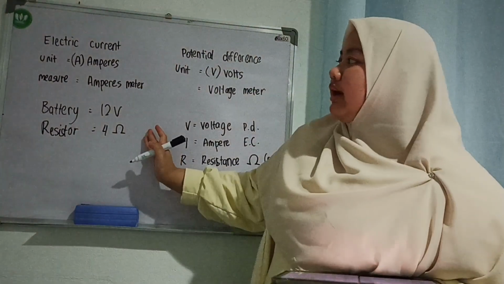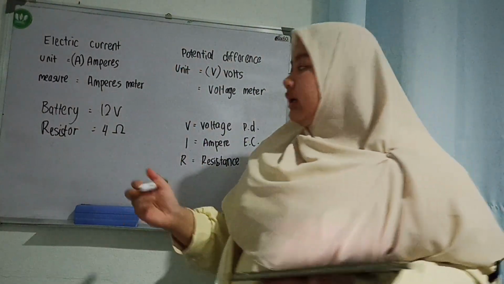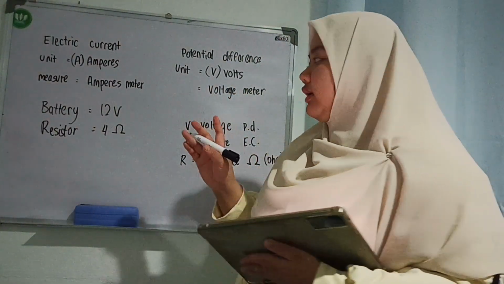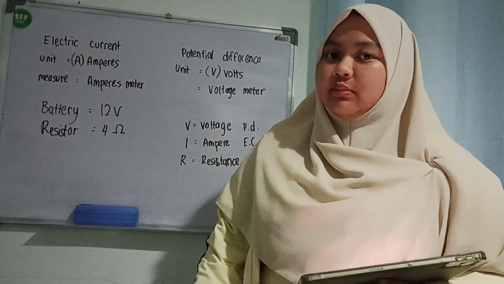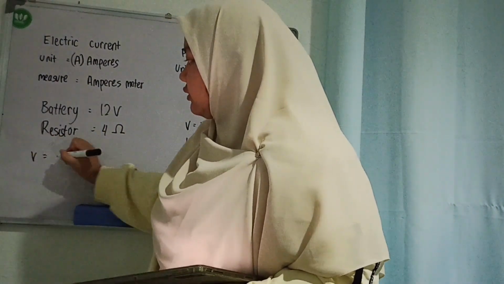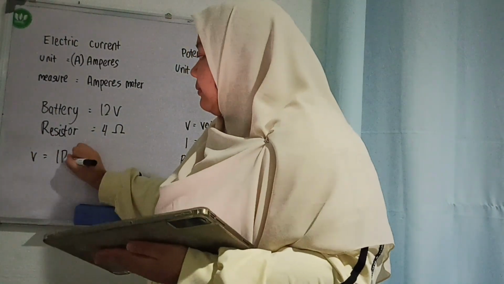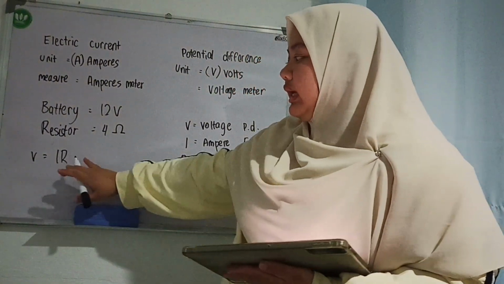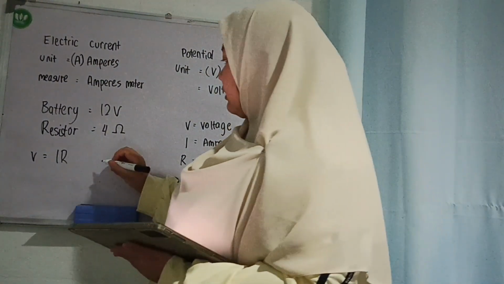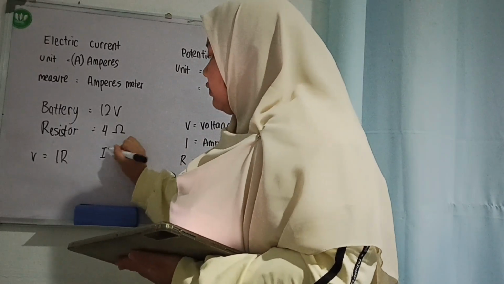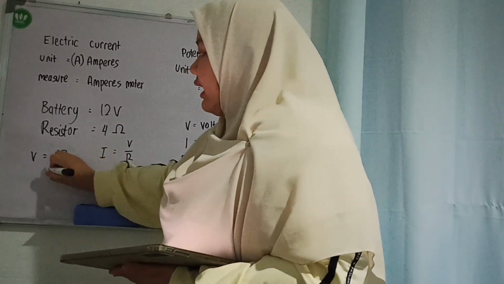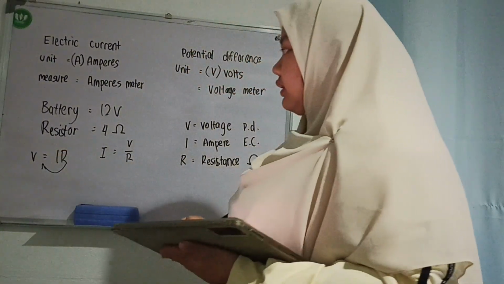So how do we find the current? From the formula that was given using Ohm's law, it is V is equal to IR. So if we make I the subject, the formula will change into I is equal to V over R, because we're moving R to the other side.